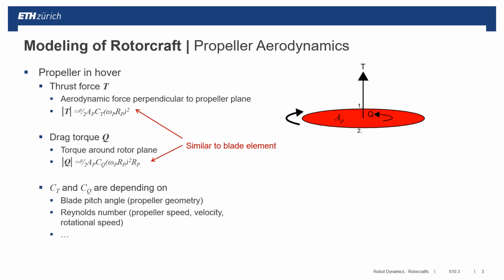They are also dependent on the density of the air, the surface which the rotor covers during its rotation, and a thrust or drag constant which is representative of the type of propeller you're using. These constants are additionally dependent on the pitch angle of the propeller, the Reynolds number, the propeller speed, velocity, and rotational speed.